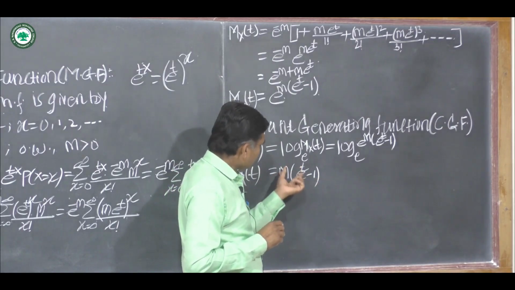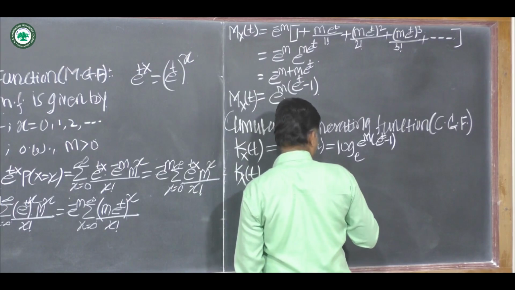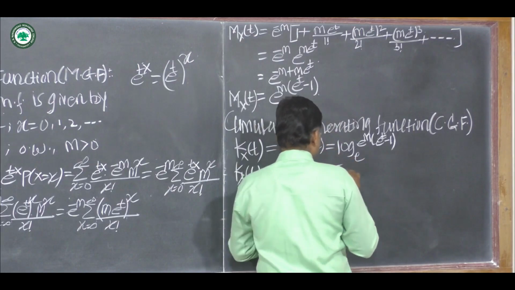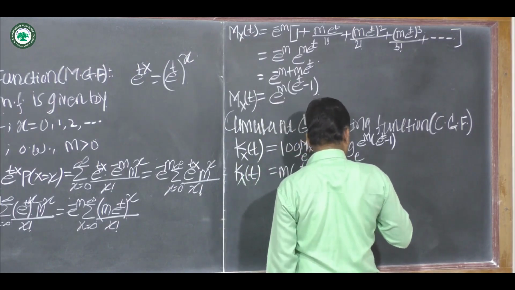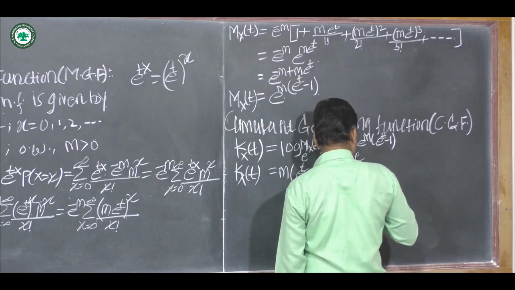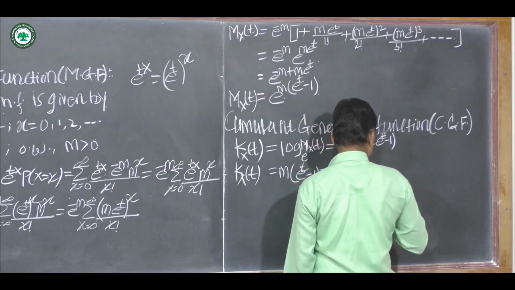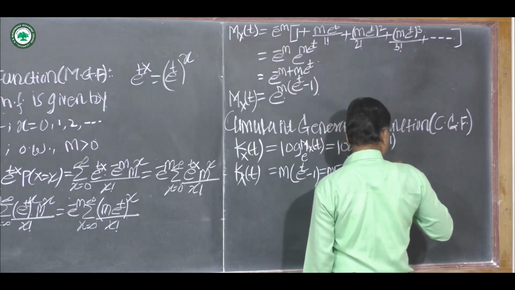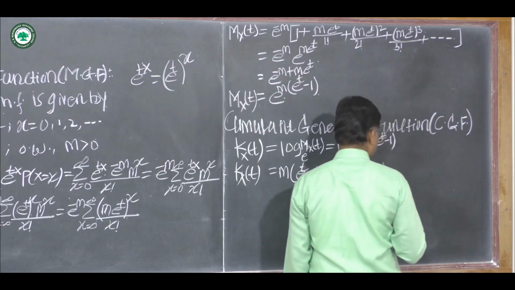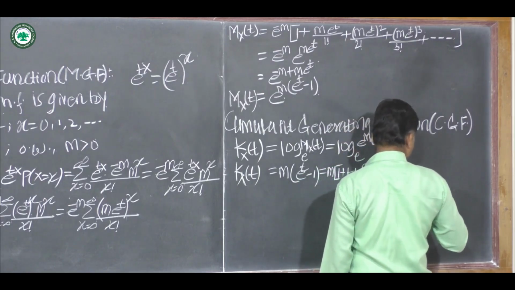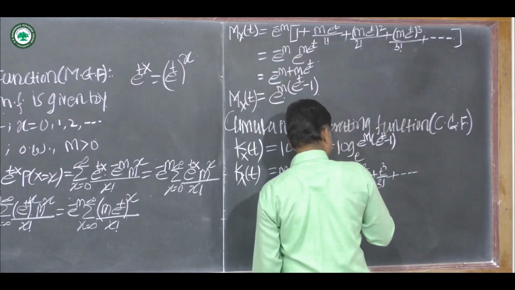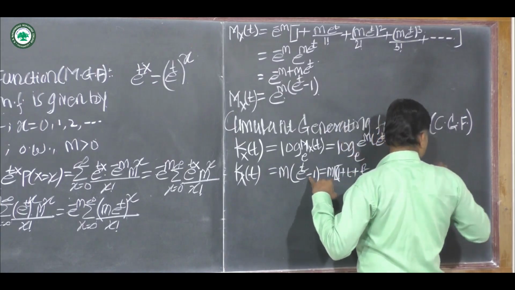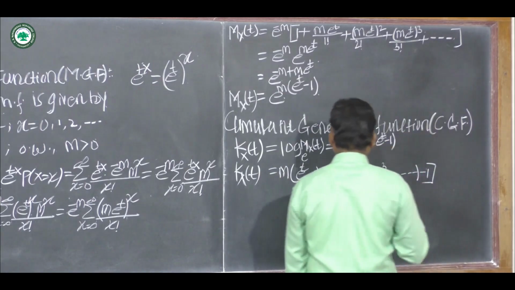Now we know that e raised to t is equal to 1 plus t plus t square upon 2 factorial plus t cube upon 3 factorial plus so on. This is in the first bracket, minus 1, the square bracket complete.